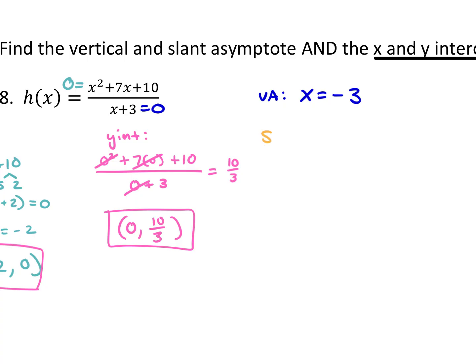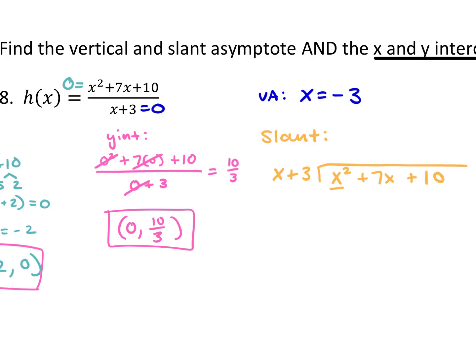Lastly, let's find our slant asymptote. What do we do to find the slant asymptote? What does the cheat sheet say? Long division. So we have x plus 3 that's going to go on the outside. Your denominator goes on the outside, and we're dividing that into x squared plus 7x plus 10.